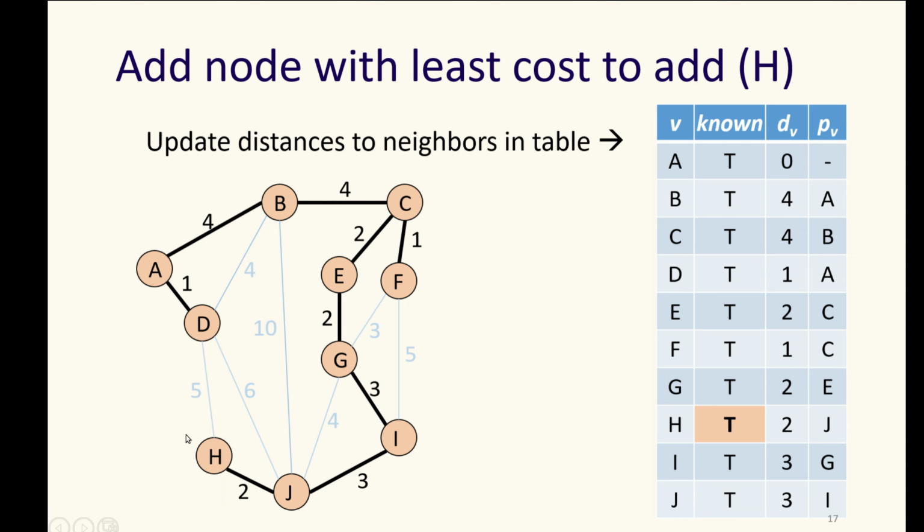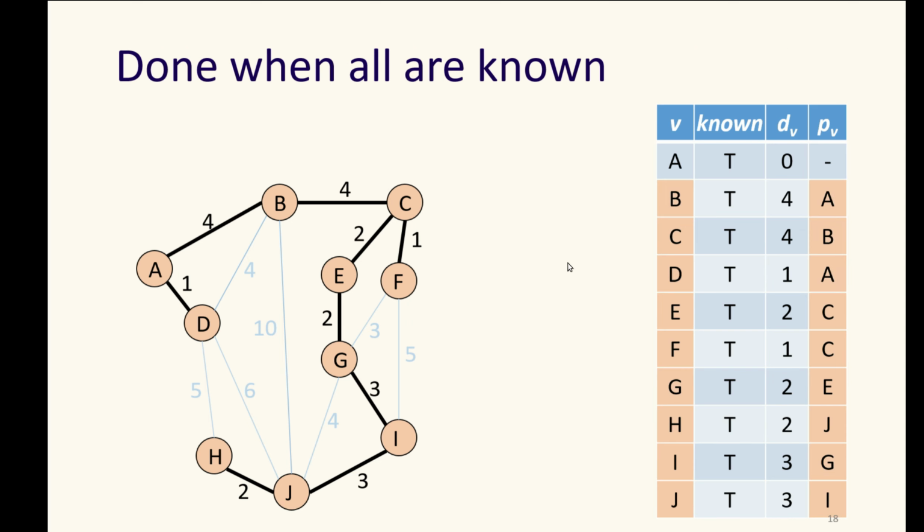Then we can explore H, which is our last remaining node that we haven't evaluated yet, and we see that there's no new information to be gained from H. All of its edges have already been revealed by other node explorations here, vertex explorations. So we're done when all of the nodes are marked known. We don't have to do a search through nodes to see if they have all been marked known.